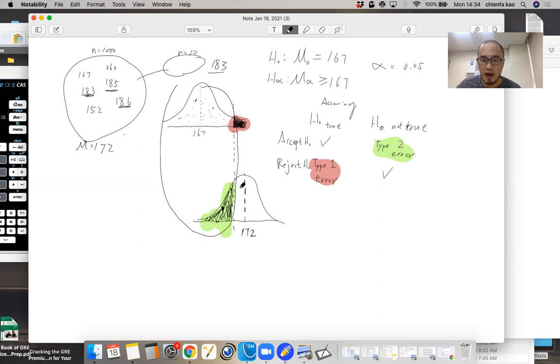And everything outside of this critical value, we will reject the null hypothesis and accept that it's greater than 167. So now this is called a type 2 error. This happens when we think that KIS has an average of 167 when the reality is 172.